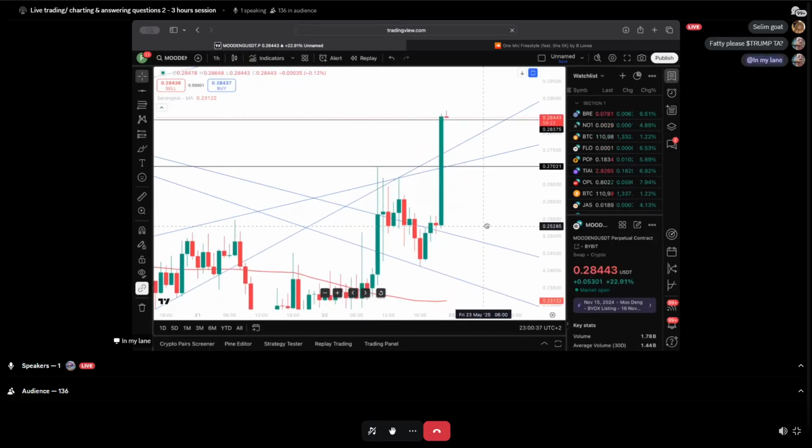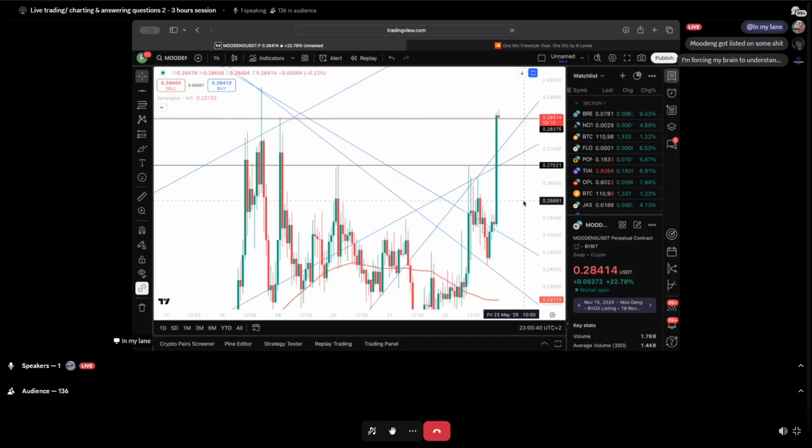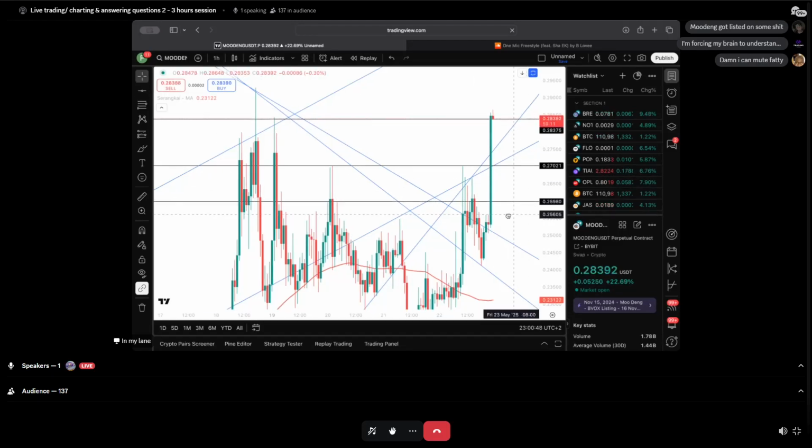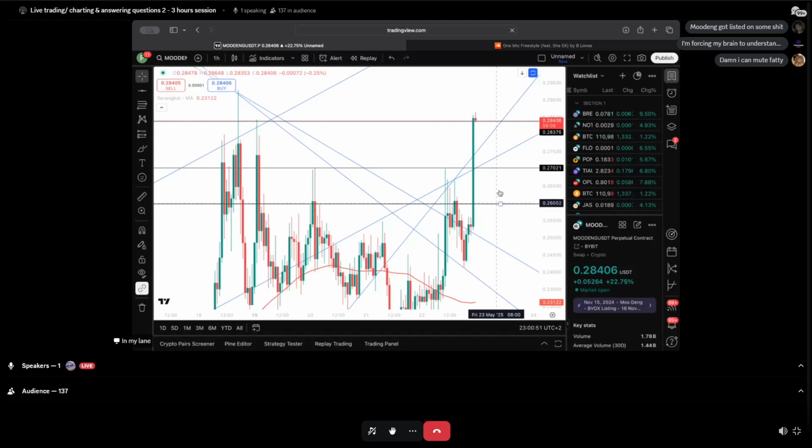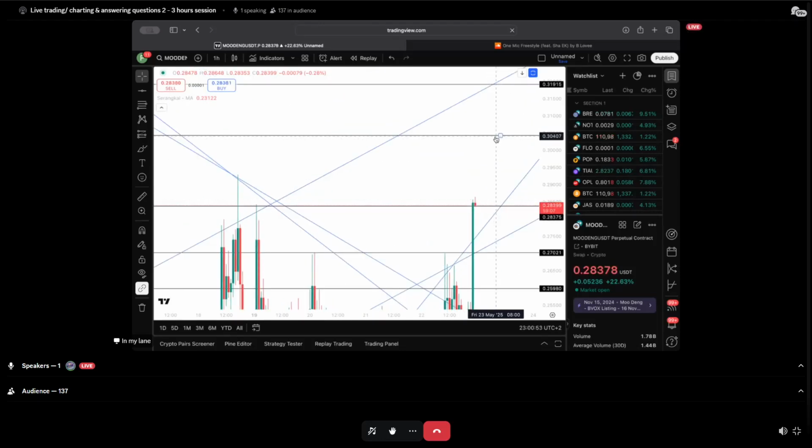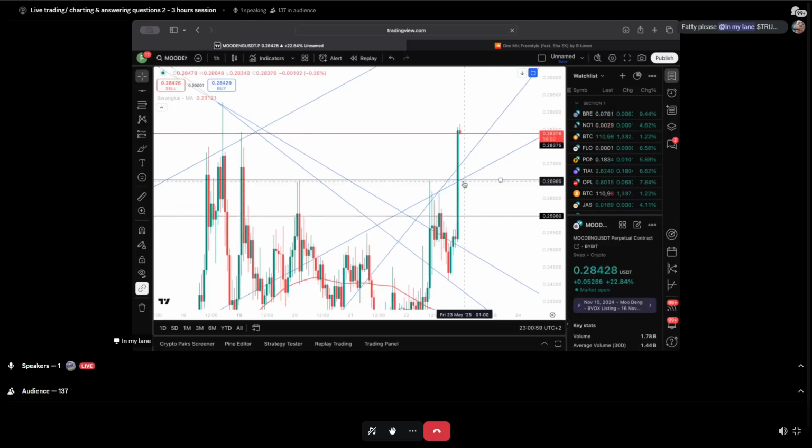Like your stop loss would be here, and your target would be here, because all this is resistance. Support here and there, stop loss below.